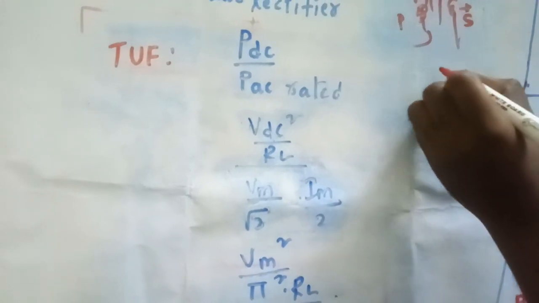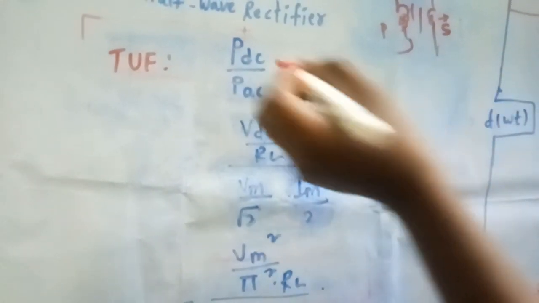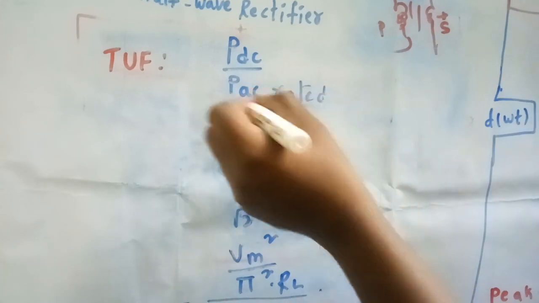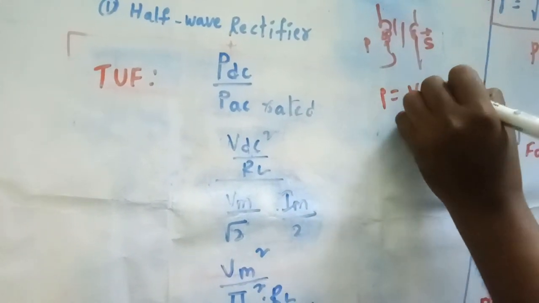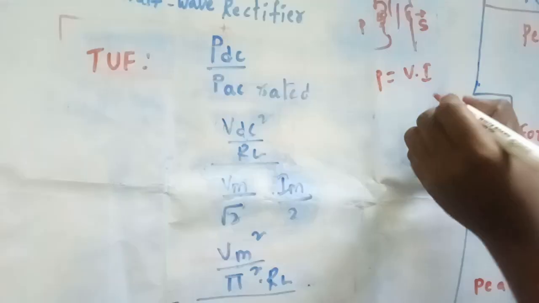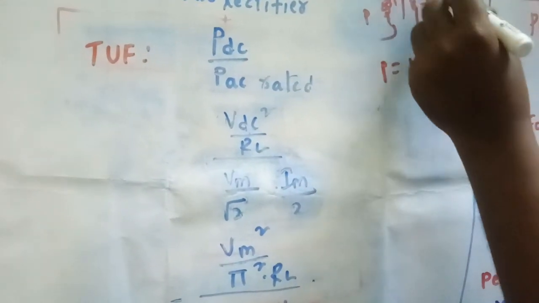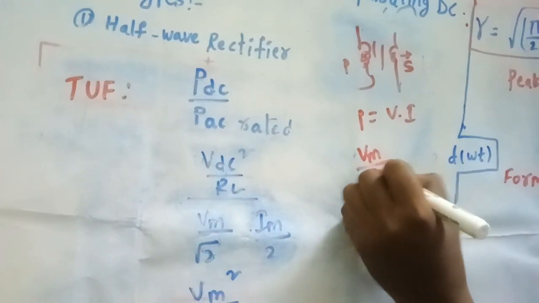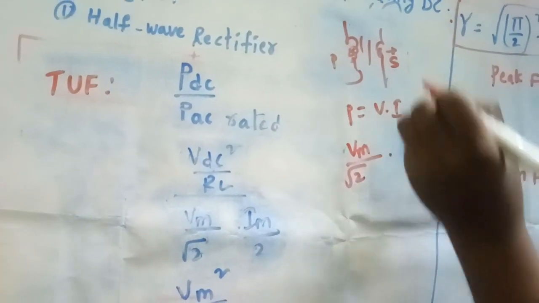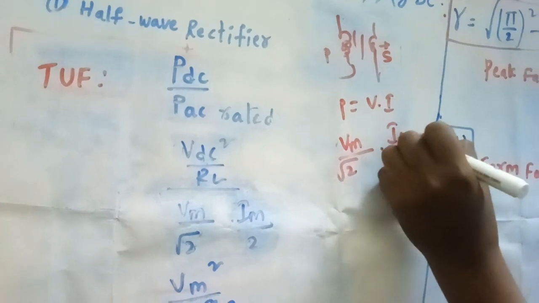See here, this is an important point. PDC, okay. In the denominator, AC rated power is basically power equal to voltage into current. I already told you. Here, V for the transformer secondary is Vm by root 2, and I for the transformer secondary is Im by 2.